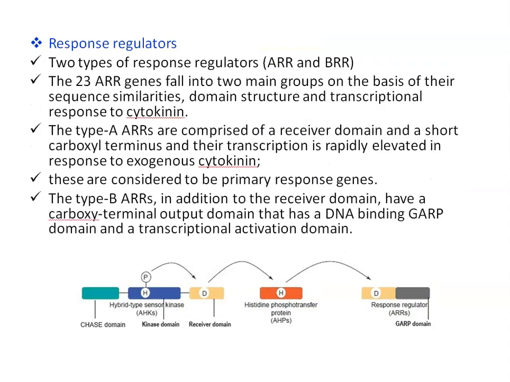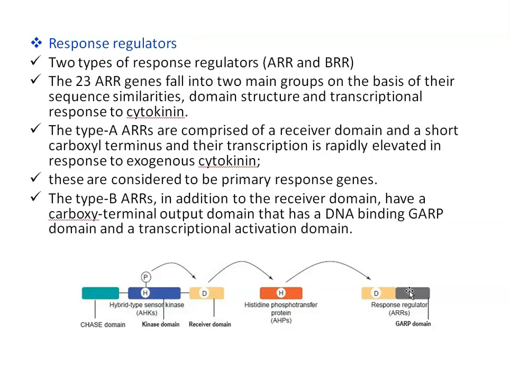Third type is response regulators, right? These are response regulators. Two types of response regulators are there, ARR and BRR. The 23 ARR genes fall into two main groups on the basis of their sequence similarities, domain structure, and transcriptional response to cytokinin.